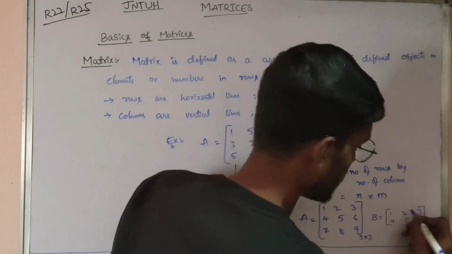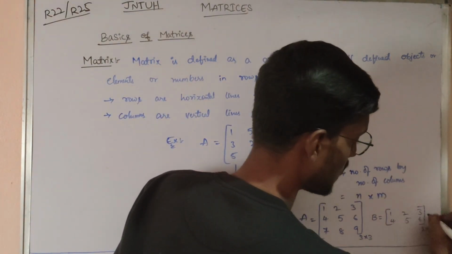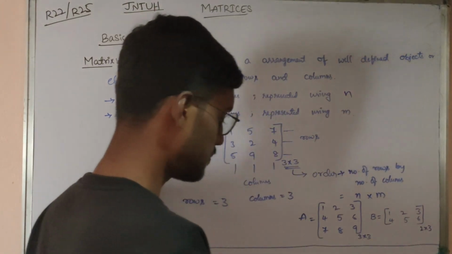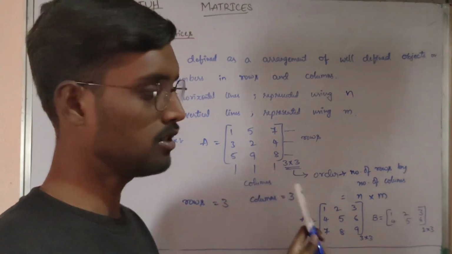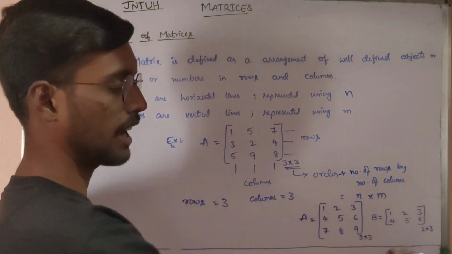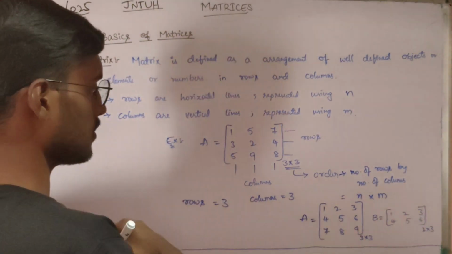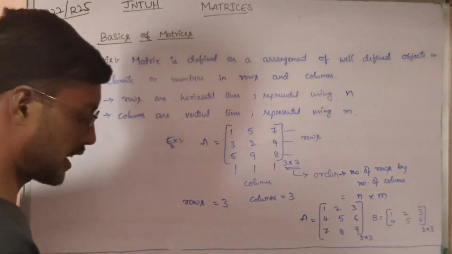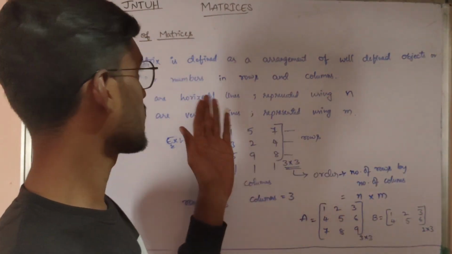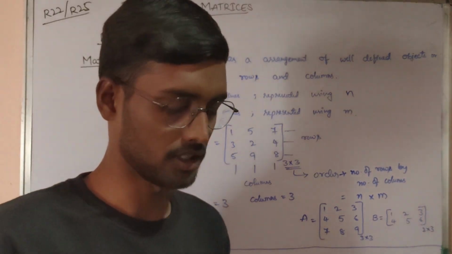This is a matrix of order 2 rows by 3 columns, 2 by 3. So a matrix may be square or rectangular, no problem. Square matrix and rectangular matrix, I will explain in the next part on types of matrices.